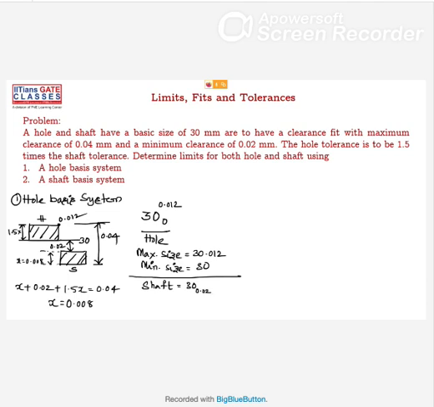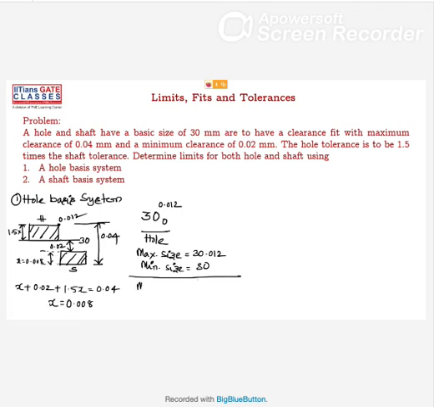And the lower limit will be 0.02 plus 0.008, that is 0.028. No, both are minus, no? So let me write minus. Yeah, both are minus.